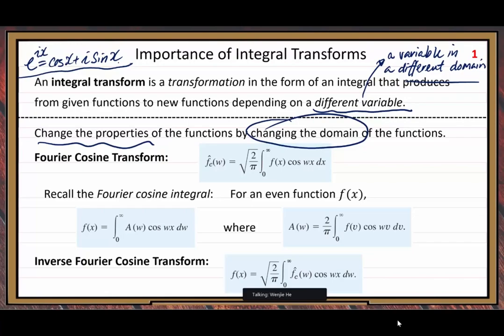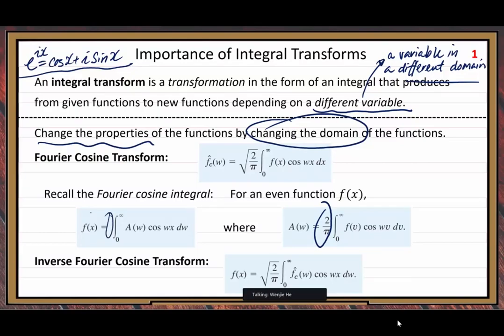Actually, from the calculation, the form is similar. But in the formulas you see a small difference. In this place we use the constant 2 over pi, in this place 1.